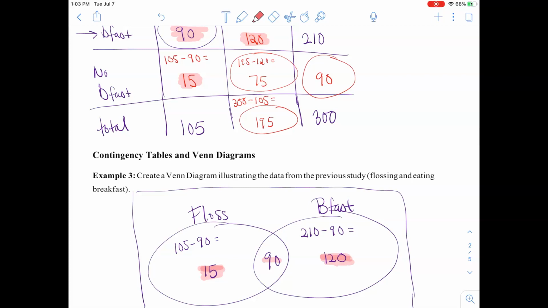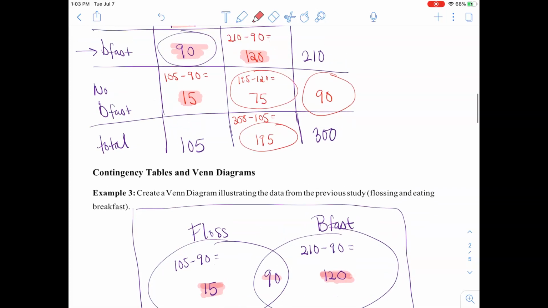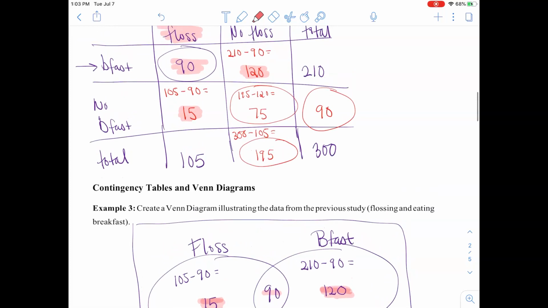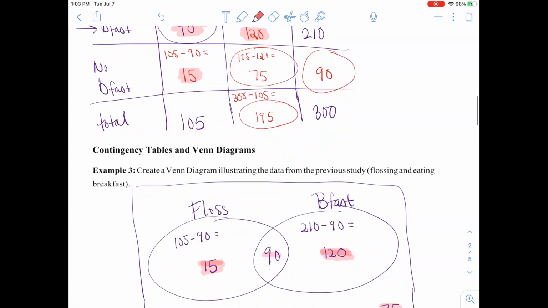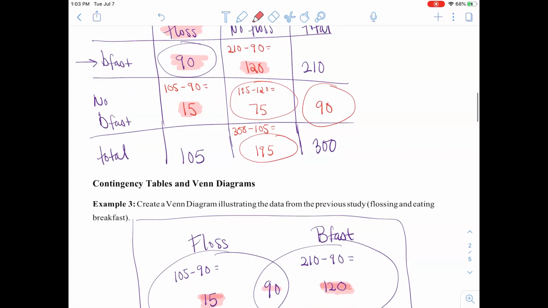The only thing that's different between these two ways to organize your data is there is something special about a contingency table because it really lays out all the combinations. So, for example, of course, we could add 15 plus 90 and see that 105 floss. Easy arithmetic. But sometimes it's nice where it's just laid out for you directly.